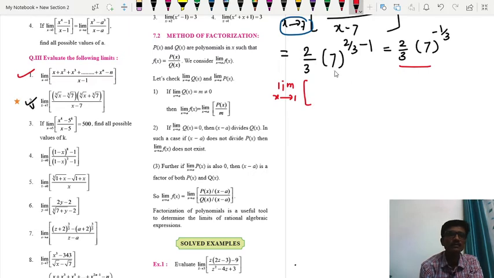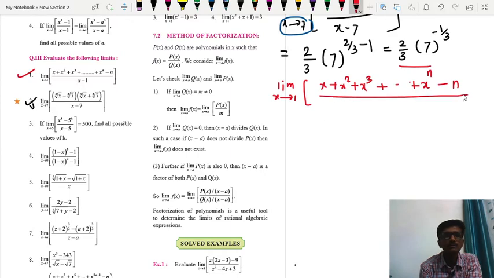Very interesting question it is. x plus x square plus x cube plus up to x raised to power n, that means n number of terms, minus n upon x minus 1. How do we evaluate this? So yes students, from x raised to power 1 to x raised to power n, there are n number of terms. This n you can express.